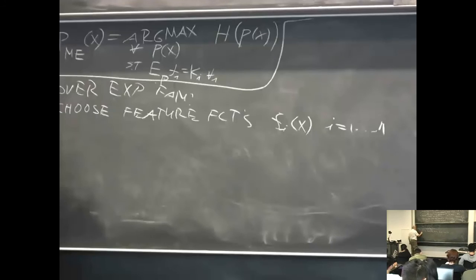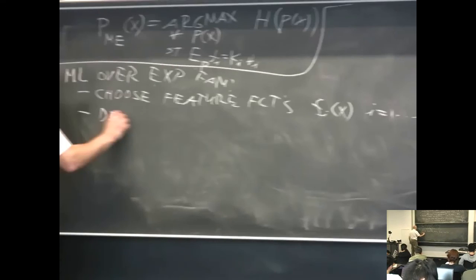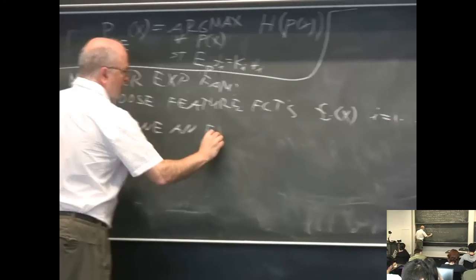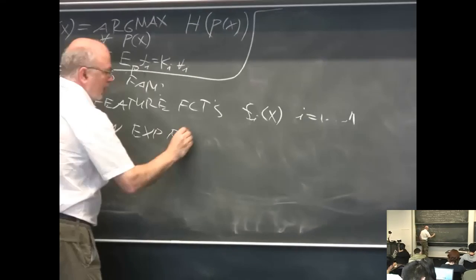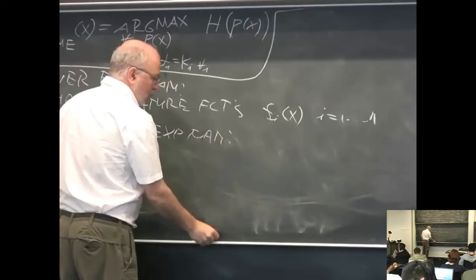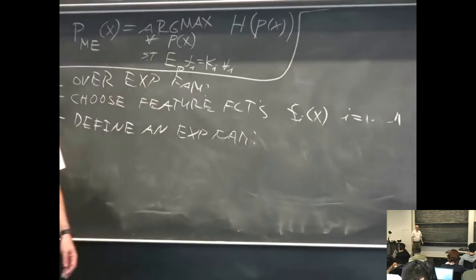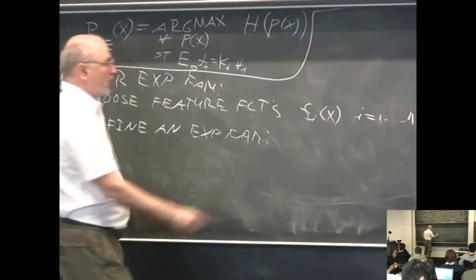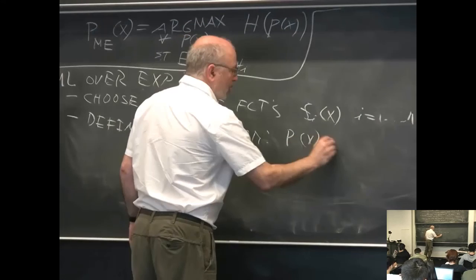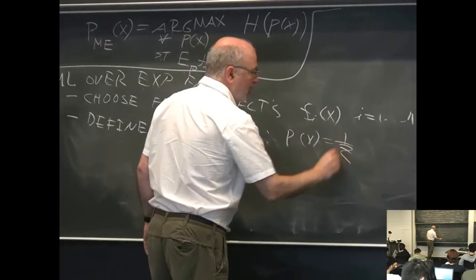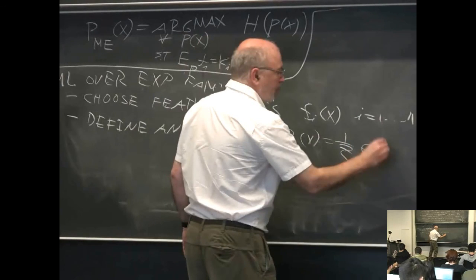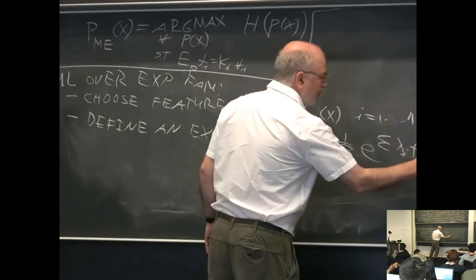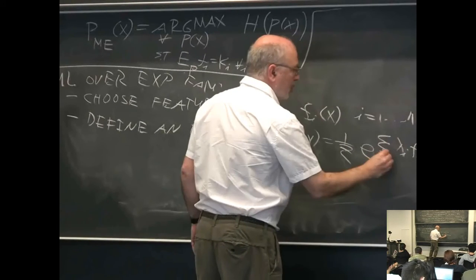And now you define a family which is defined in terms of these features, but with the parameters not specified. So the family is p of x equals 1 over z e to the power of sum of lambda i fi of x, i goes from 1 to n.